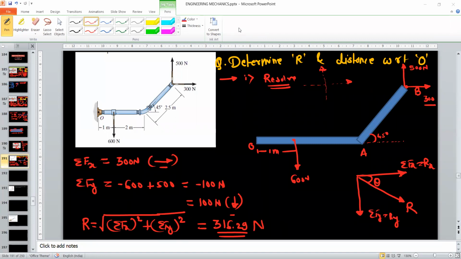So after this, you should find out the angle of resultant. For the angle, use the formula theta equals tan inverse. So calculate this value. Summation Fy is 100. Consider positive value only, and summation Fx is 300. So tan inverse 100 upon 300, so 1 by 3.